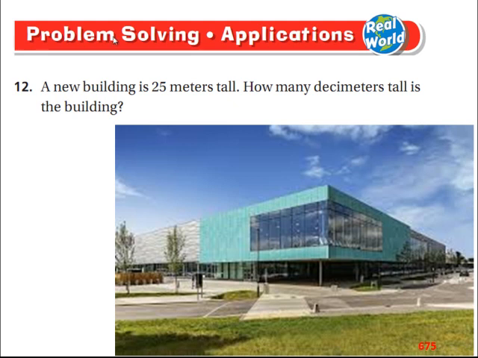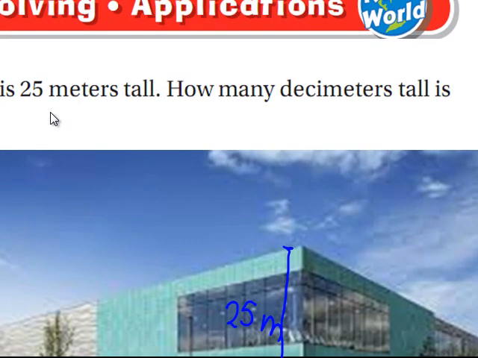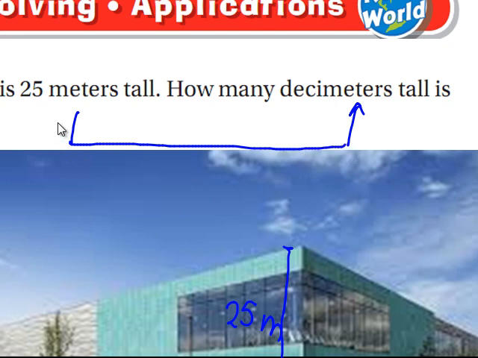If you start to measure it from the land to the top, you will find it 25 meters. Alright, how many decimeters tall is the building? He wants you to convert from meter to decimeter.